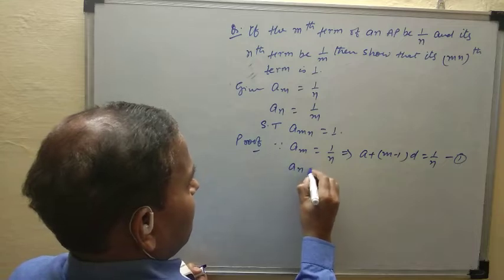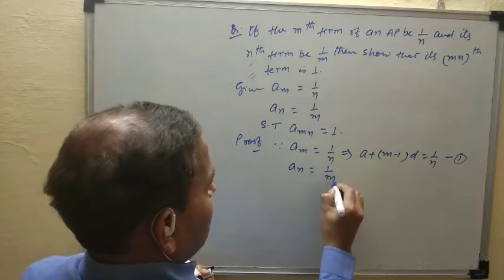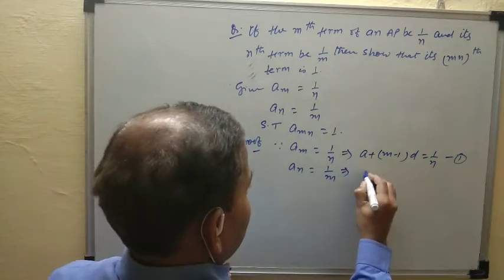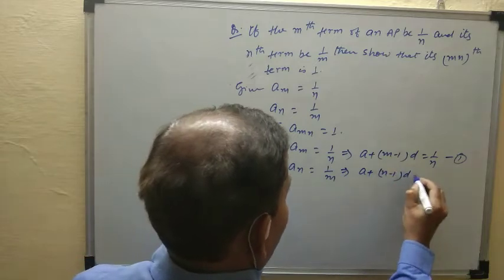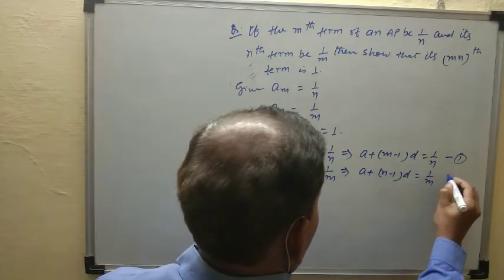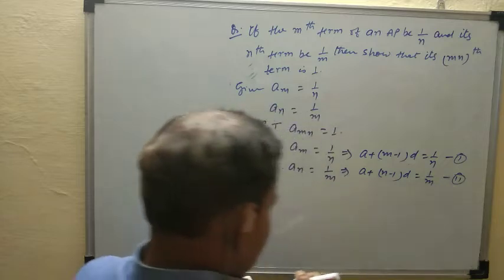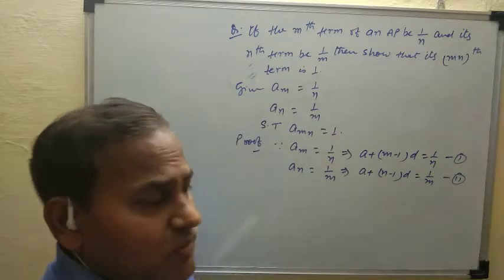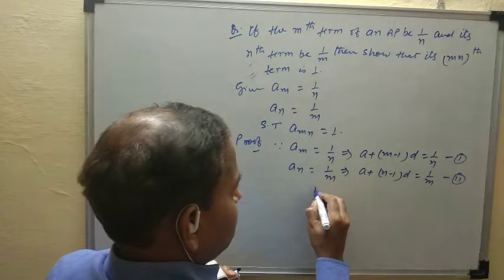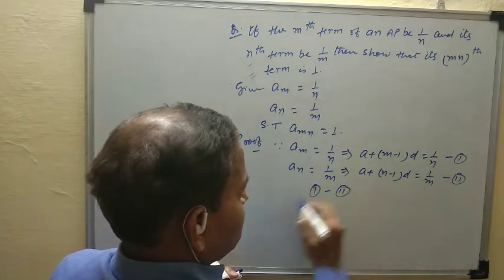And the nth term is 1 by m, this implies a plus n minus 1 into d is equal to 1 by m, call it second. So simplify first and second, find the value of a and d. So subtract second from first.